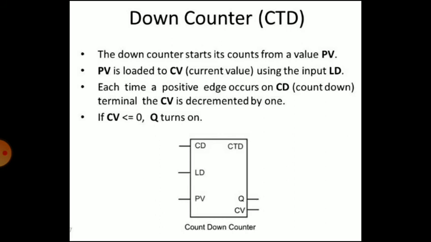PV is loaded to the current value using the input LD. Each time a positive edge occurs on the countdown terminal, the CV is decremented by 1. If CV is less than or equal to 0, Q turns on.